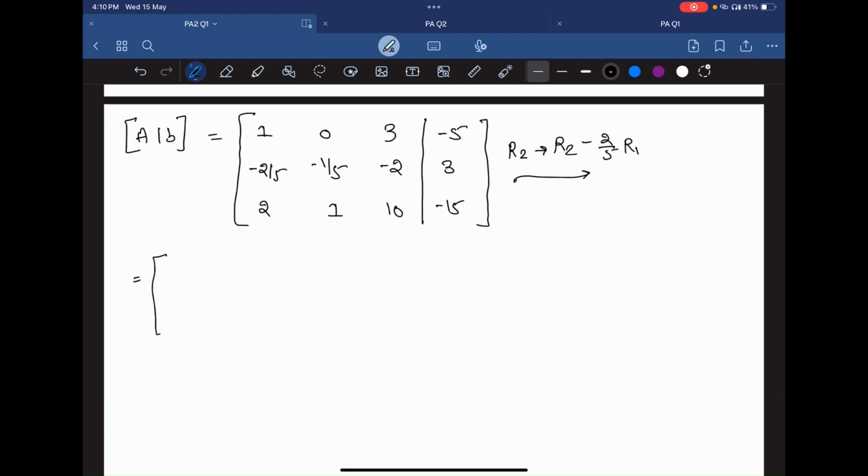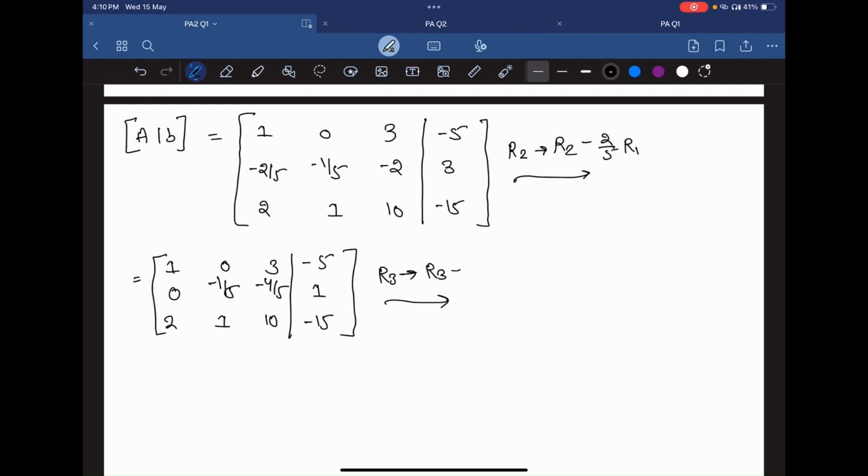If we do that, the first row will remain as it is: 1, 0, 3. On the second row, here it would be 0, and minus 1 by 5, minus 4 by 5, it would be 1, and the third row will remain as it is. Now let's do the operation on the third row.